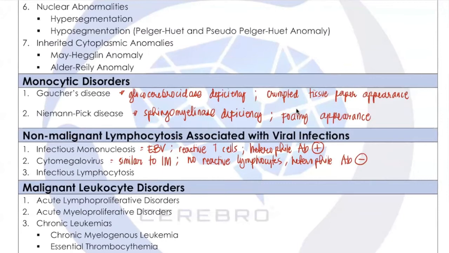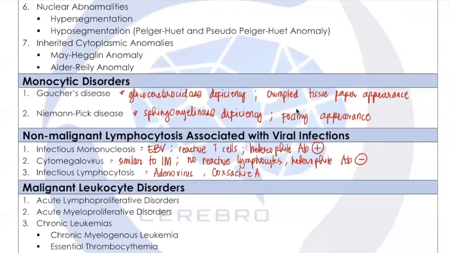And lastly, we have infectious lymphocytosis. Infectious lymphocytosis is commonly caused by adenovirus and Coxsackie-A infection. So these are the two causative agents that often result in infectious lymphocytosis.